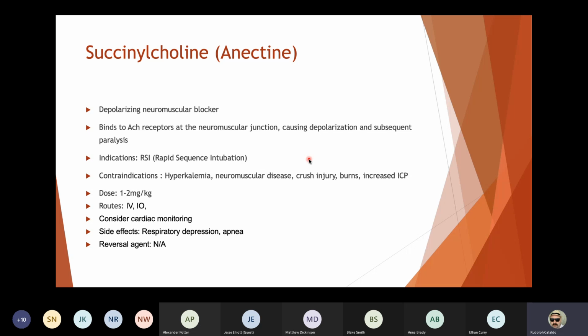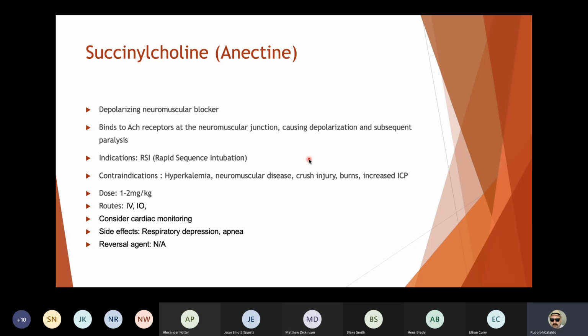The reason for that is because with patients with crush injuries, when we release the crushing, we'll see a rush of potassium. Burns, same concept. And then any sort of intracranial pressure that is increased over baseline, because SUX itself can also cause increased intracranial pressure. General dose for it, 1 to 2 milligrams per kilogram, IV or IO.